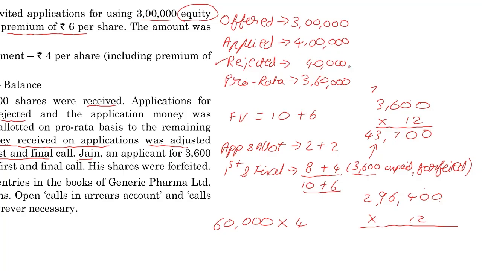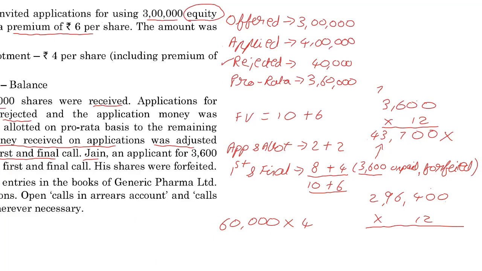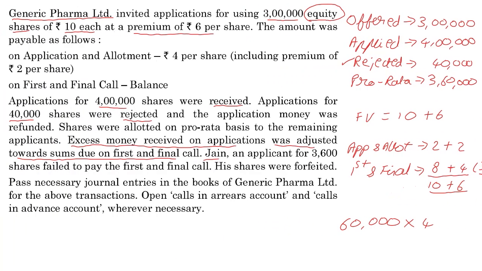But you need to keep in mind, he was part of this group who have done pro rata. Everyone has done pro rata. So I should not be taking 43,700. I should ask myself how much is due for this person, because I need to look at what exactly was mentioned about this 3,600.